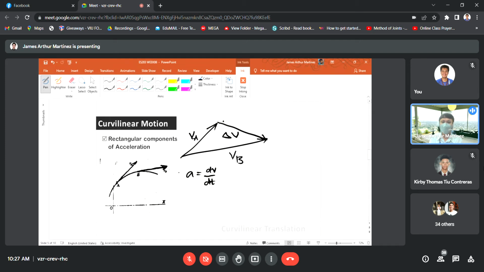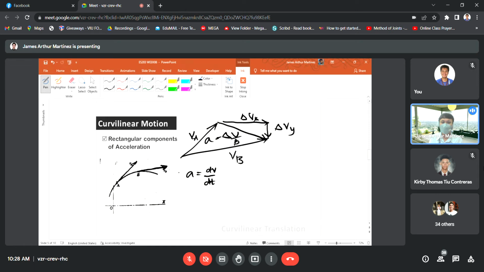So if we resolve it into x and y components, you'll have these components of your change in velocity in the y component and change in velocity in the x component. Okay? So if this line is our rate of change of velocity with respect to time, that is our acceleration.